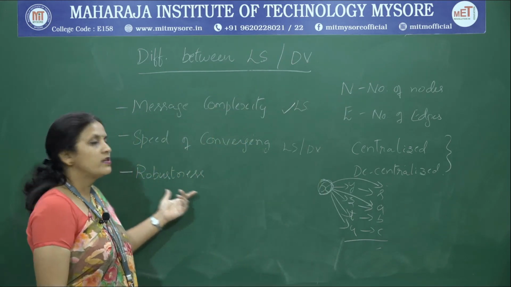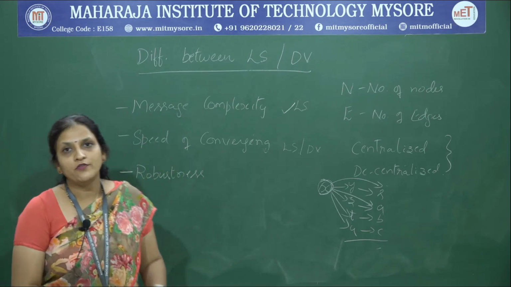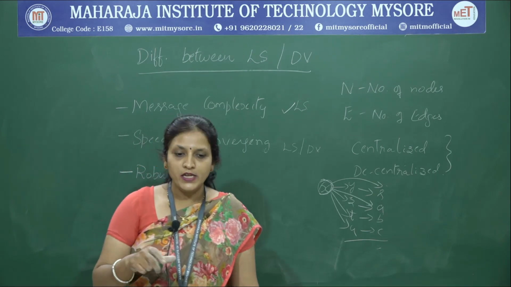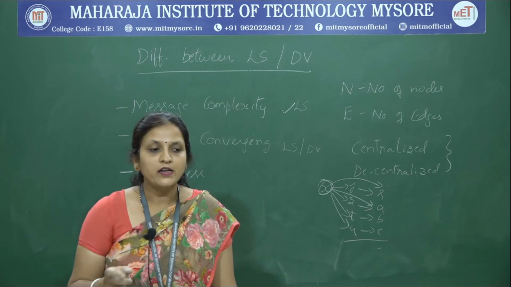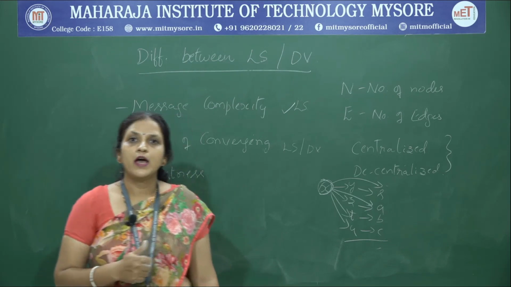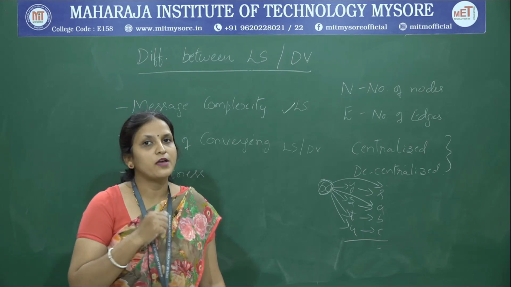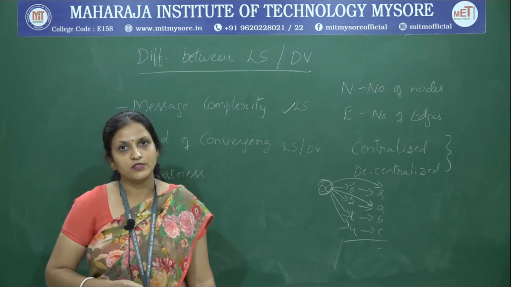The third criteria is robustness, which is more robust. Suppose in our network, if there is any mishap and any router gets corrupted, in that case that router might send wrong information to all its neighboring routers about its link cost, right.